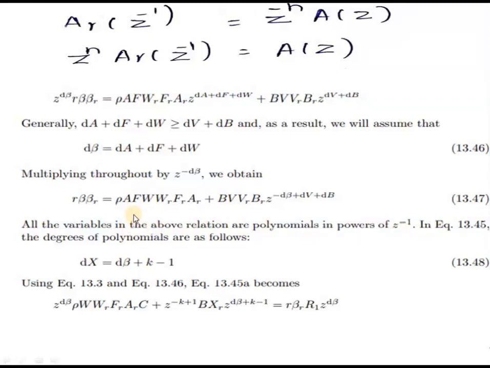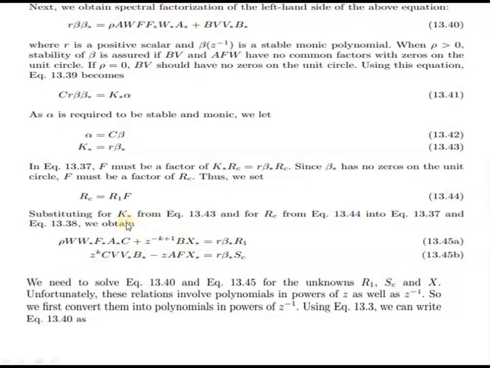Now from all the above conclusions, we have calculated the degree of polynomial x, that is, the degree d of x is equal to d of beta plus k minus 1. How do we calculate this degree of x? Previously, from this equation, we calculated the degree of x.